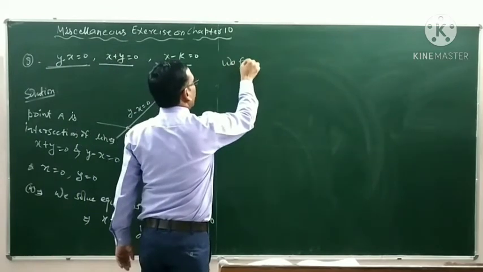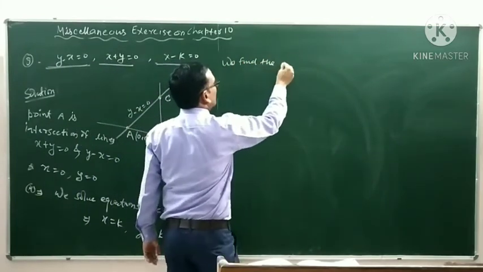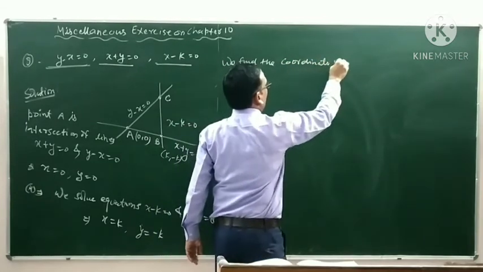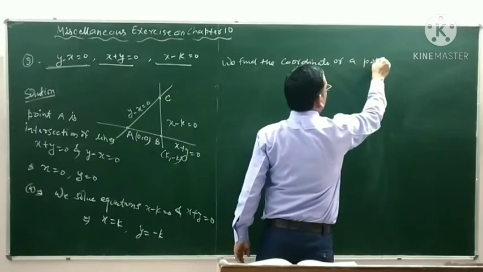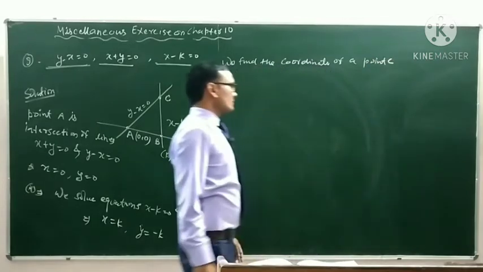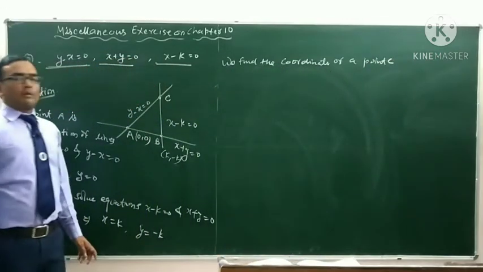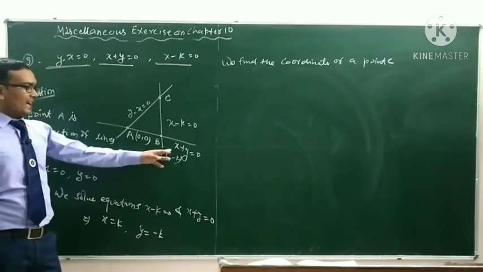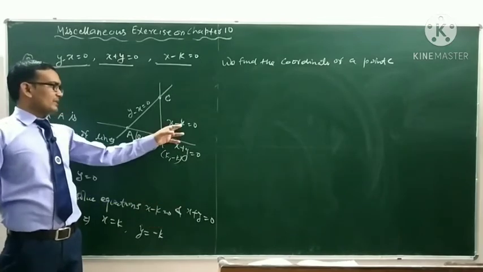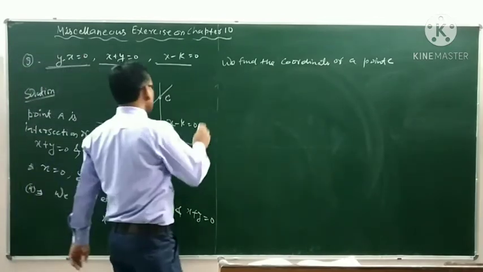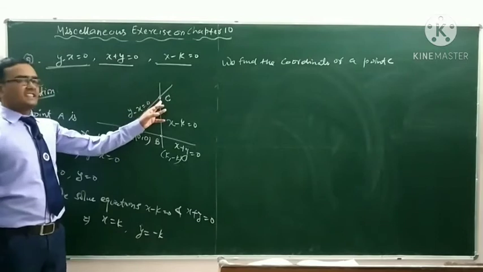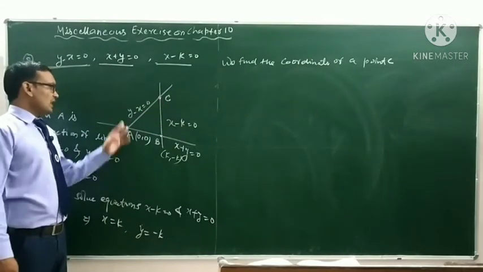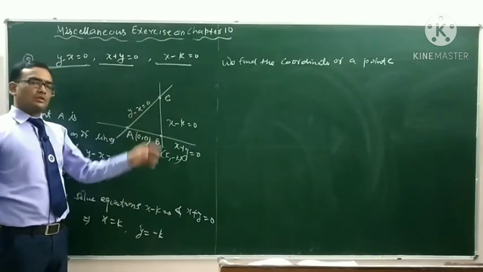Similarly, we find the coordinate of point C. C is the intersection point of x minus k equal to 0 and y minus x equal to 0.